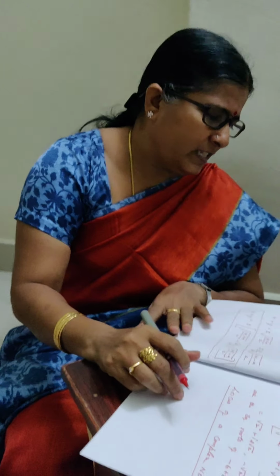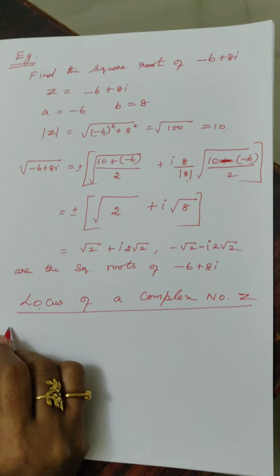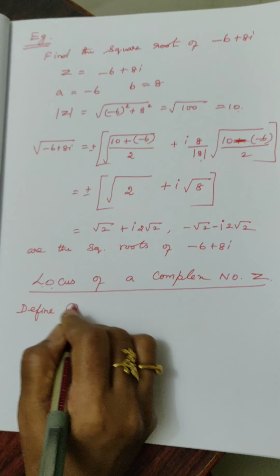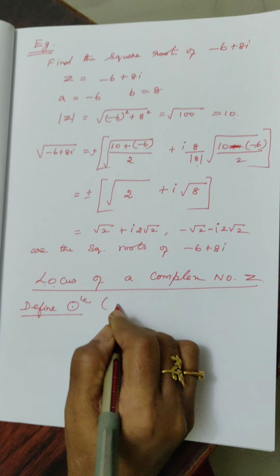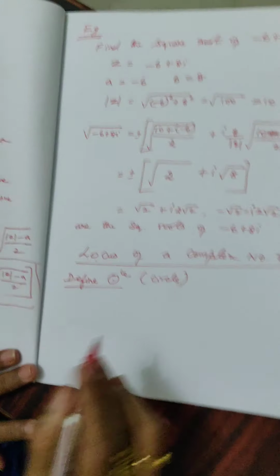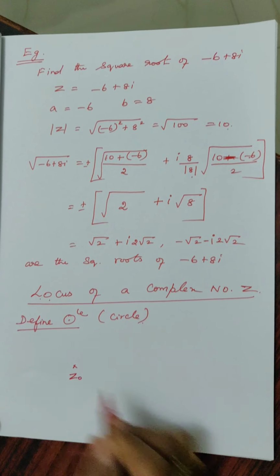So how are we going to find the locus of a complex number? Before entering into it, let us define a circle. What is the meaning of a circle? Let us take a fixed point. Consider this point as z0.